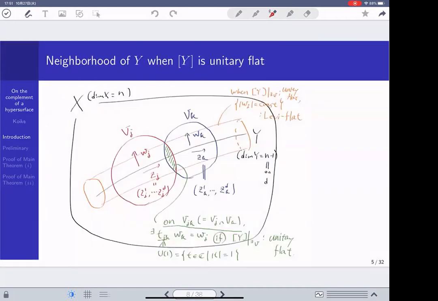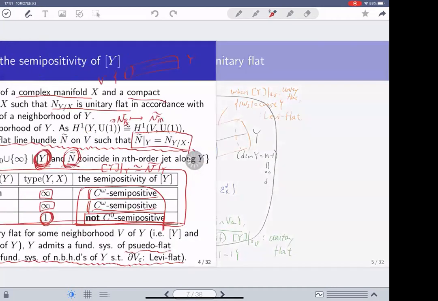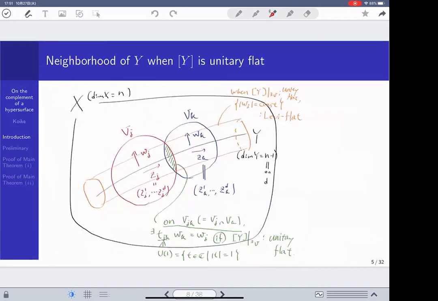I explain what I said here in this picture. Here's X. X is a manifold of dimension n. And here's Y, a submanifold.